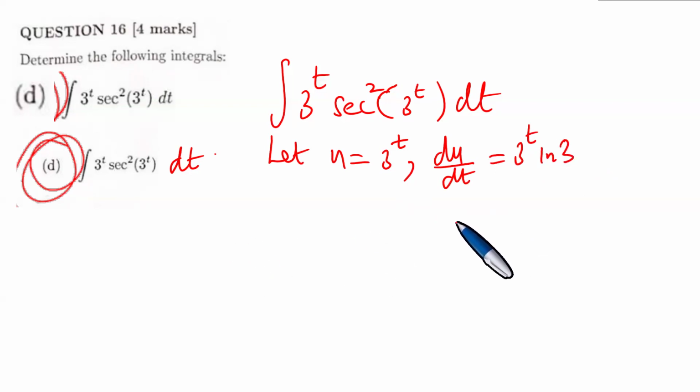This becomes the derivative of 3 to the power t, because the base is a constant, so we do not just use the power rule here. We use the chain rule. So the chain rule gives us this.